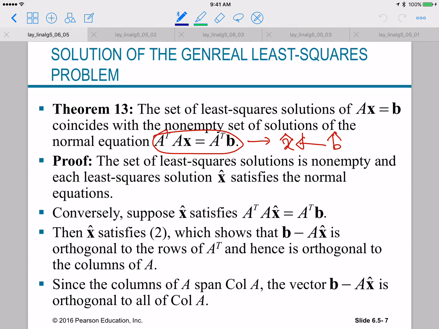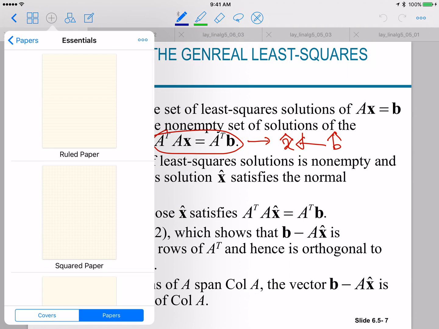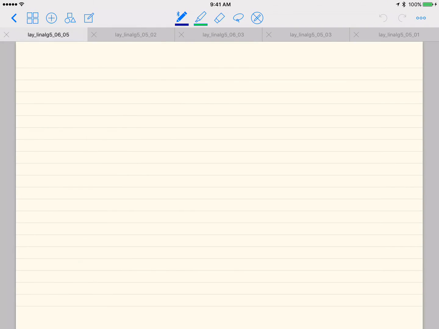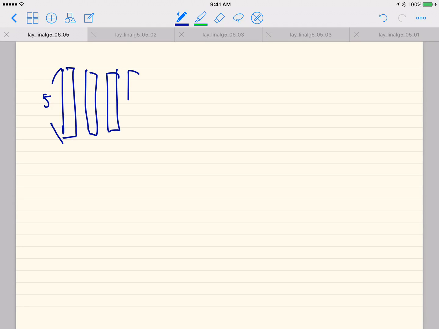But let's think about one special case where our matrix A and its column space span the entire space. So for example, suppose the column dimension of A is just 5, and you have maybe 5 or even more vectors.